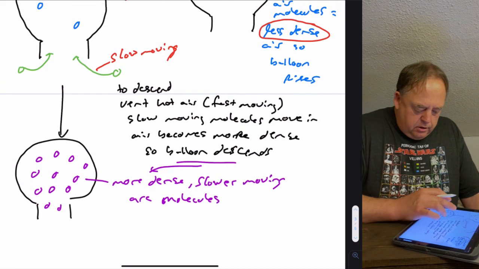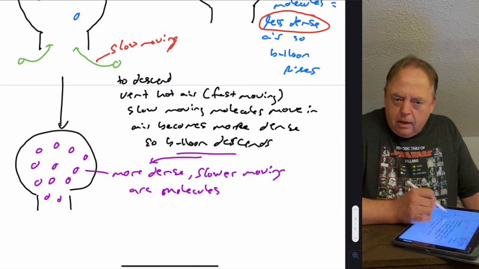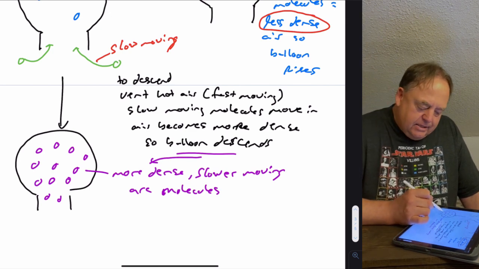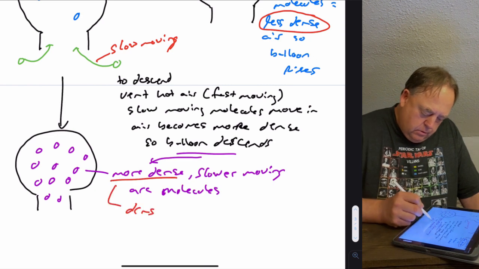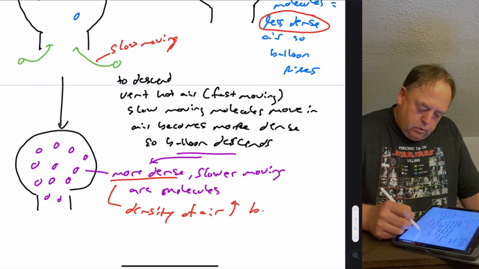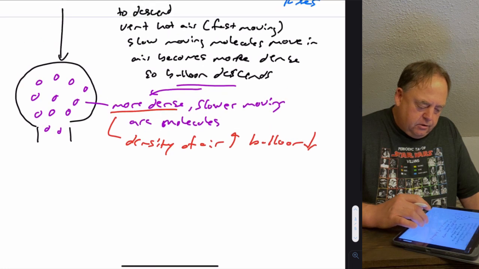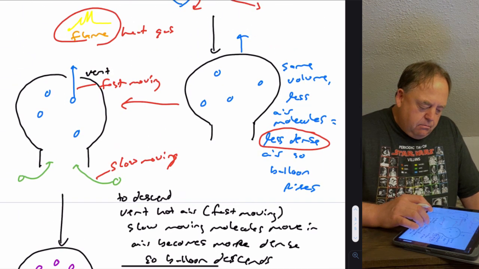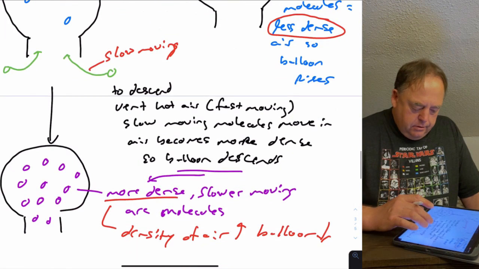Eventually all of them have the same average speed, but the point is now you have more air molecules in the balloon, so the density of the air increases. And so the balloon descends in that case. So it's all relative to the molecular speed of gases and density of air, causing the balloons to go up and down.